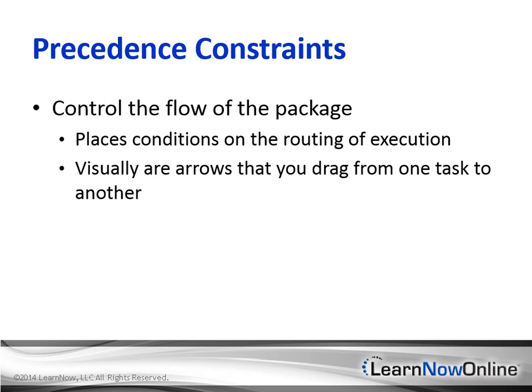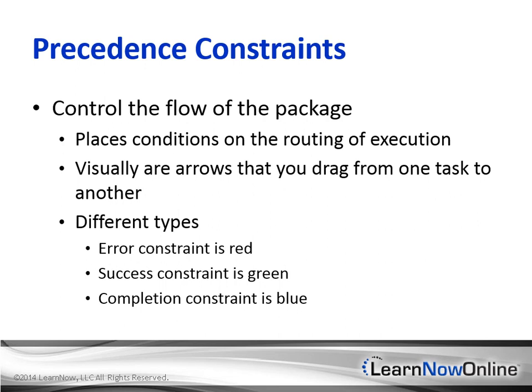Depending on the success, failure, or user-specified expression on the constraint, control will pass to the task or container specified for each of these use cases by the precedence constraints. There are several different types of precedence constraints. An error constraint is red, success constraints are green, and a completion constraint is blue.